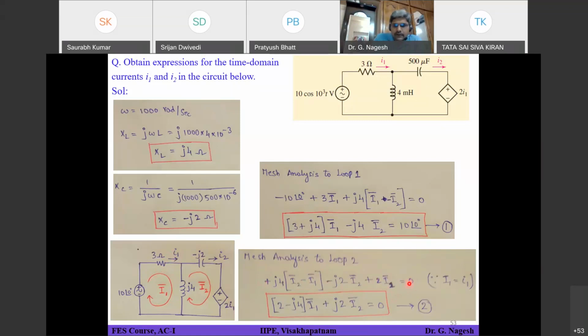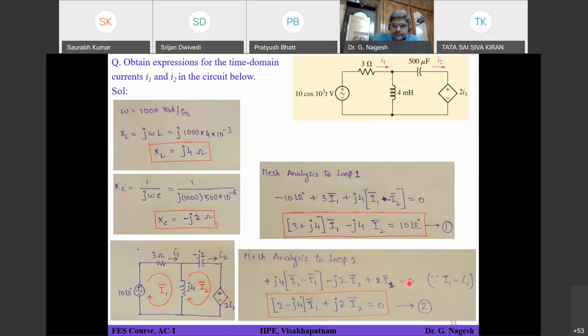Is it clear, or do you still have any doubt or confusion in this? Yes, sir. Because I1, I2 in the first term or second term, whatever you have considered, all are in phasors. So when you are writing an expression, better to write everything in phasor format only.